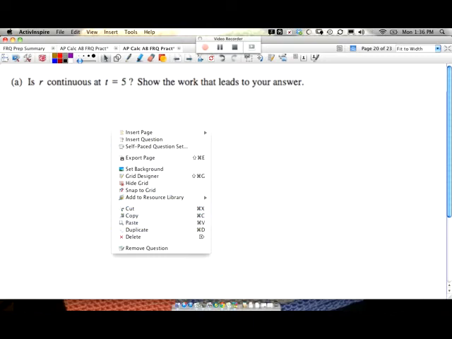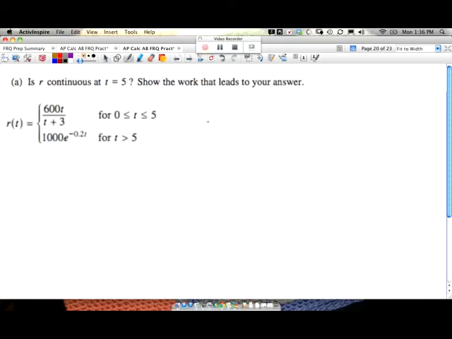Well, for it to be continuous, that means that both sides have to be equal. So we have to figure out what the limit is as t approaches 5 from the left. That would equal 600 times 5 over 5 plus 3, which is 3,000 over 8.